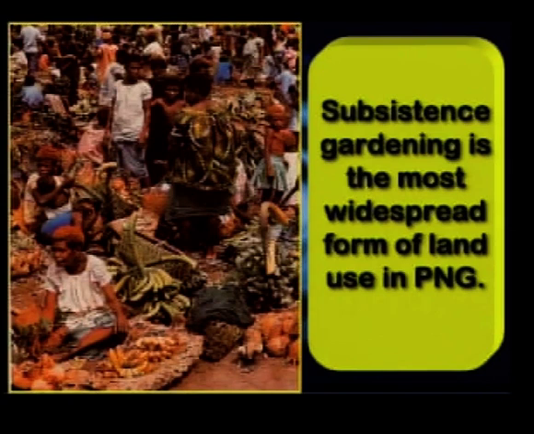Can we have someone to read, please? Who would like to read? All right, Priscilla. Subsistence gardening is the most widespread form of land used in Papua.